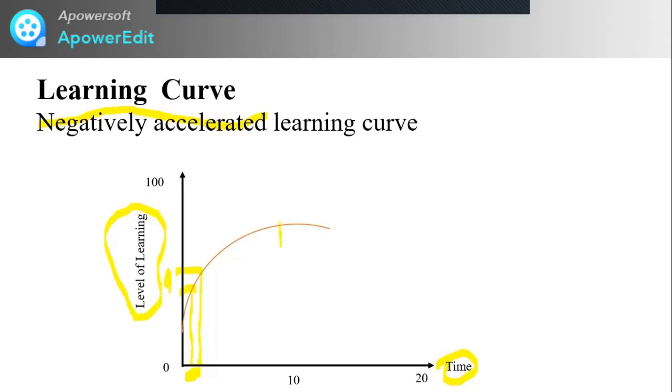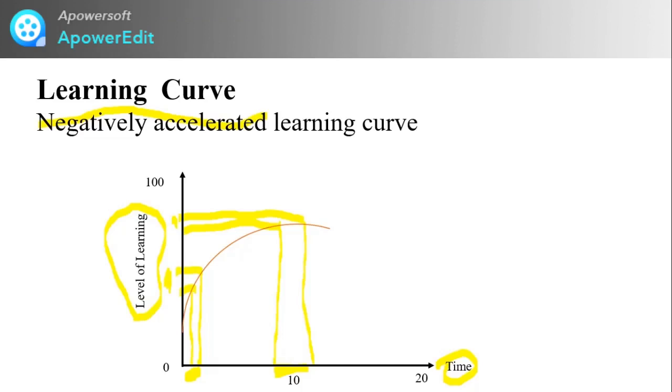When you come to the end of the course, at the end of the year, you spend more time, but you learn very little compared with the beginning stage. At the beginning you quickly learn, but at the end of the session your learning speed is low. That is the negatively accelerated learning curve.